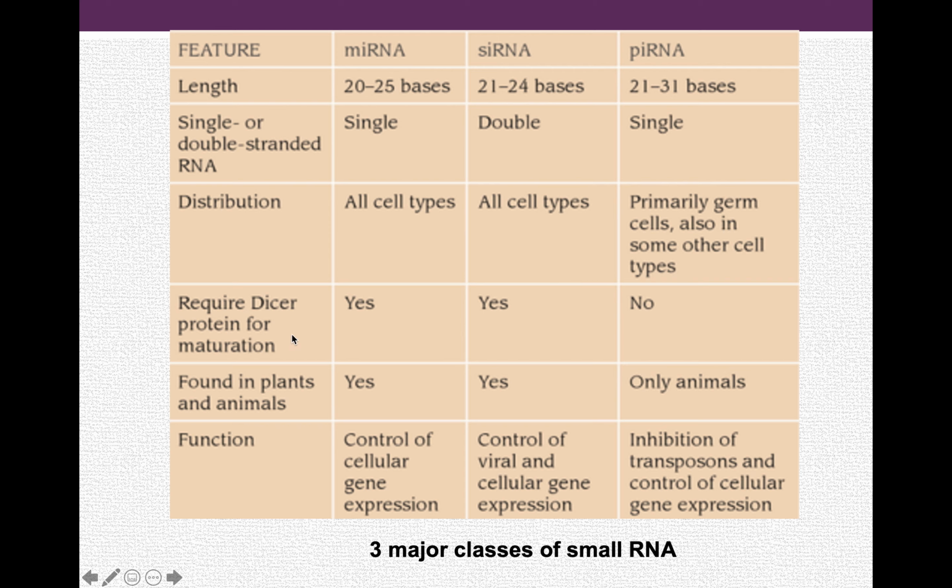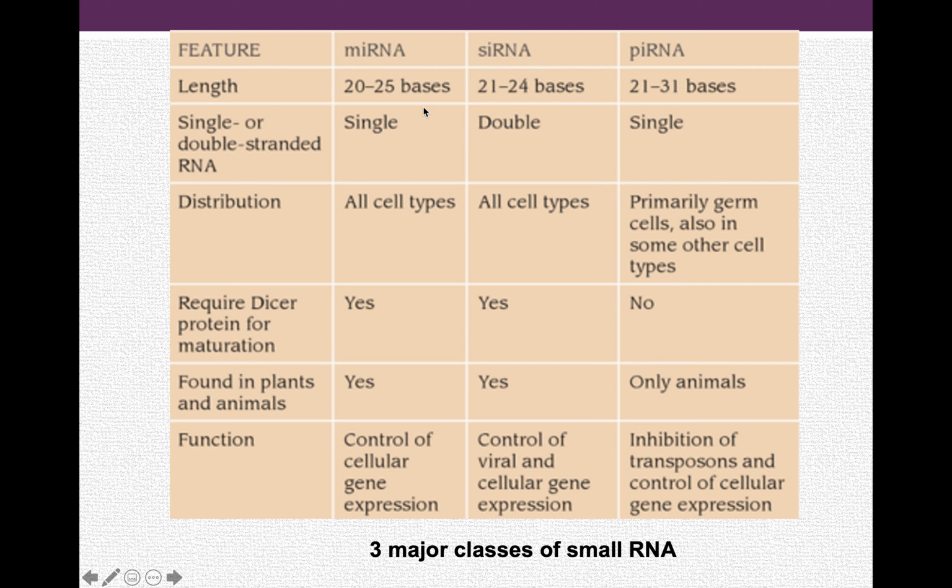They require another protein for maturation to make sure they can perform their function later on. Whether they are found in all species or not depends, but most of the time these three are only found in eukaryotes. miRNA and siRNA are actually found in certain prokaryotes as well.